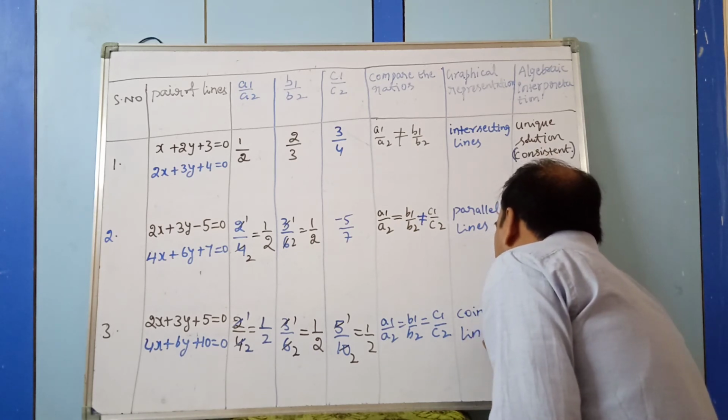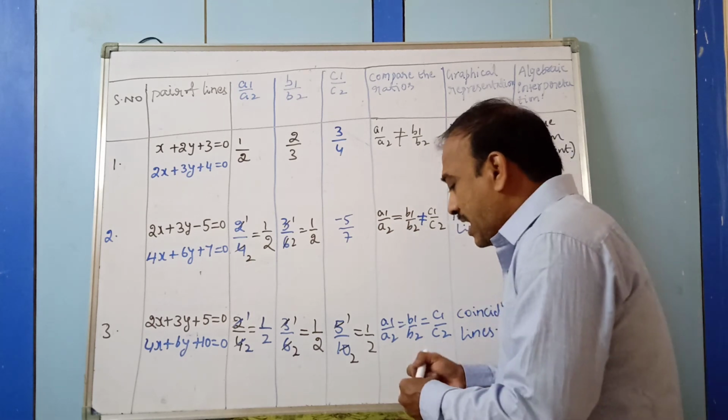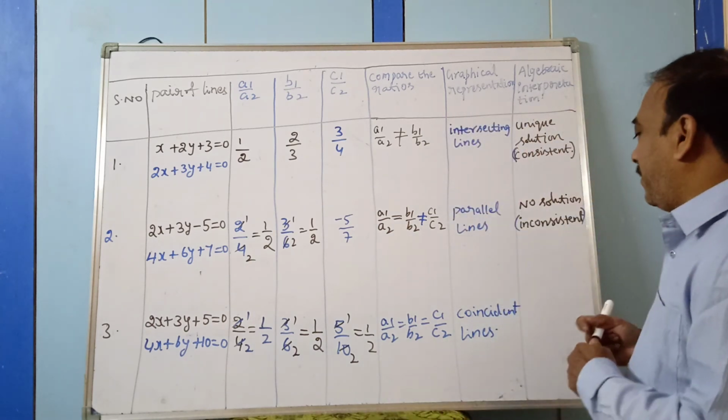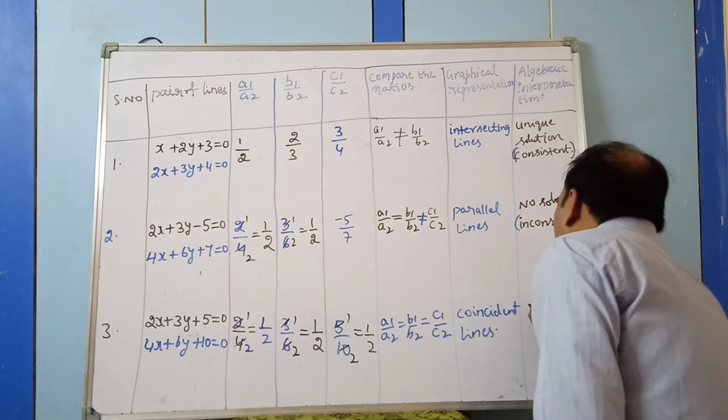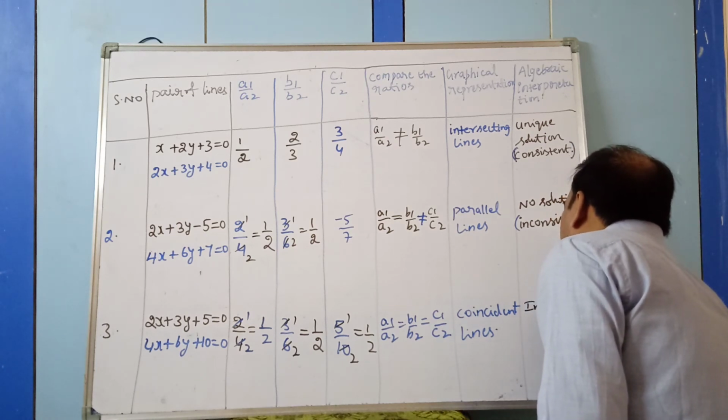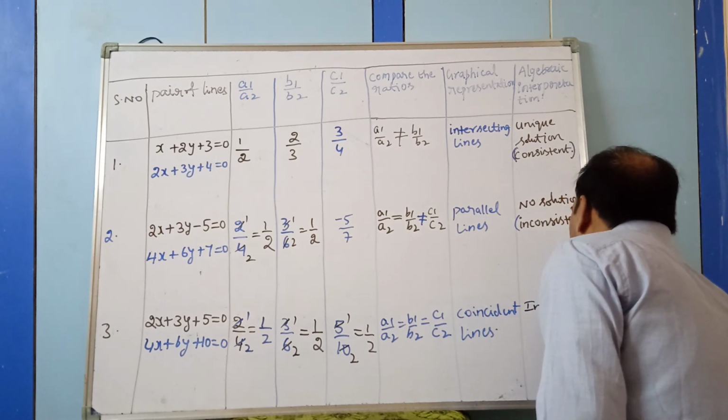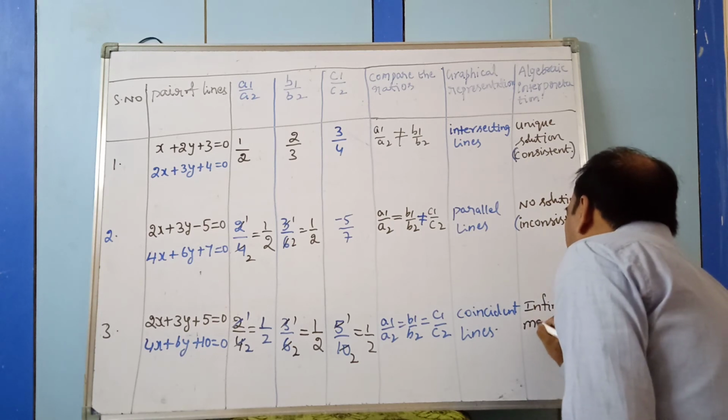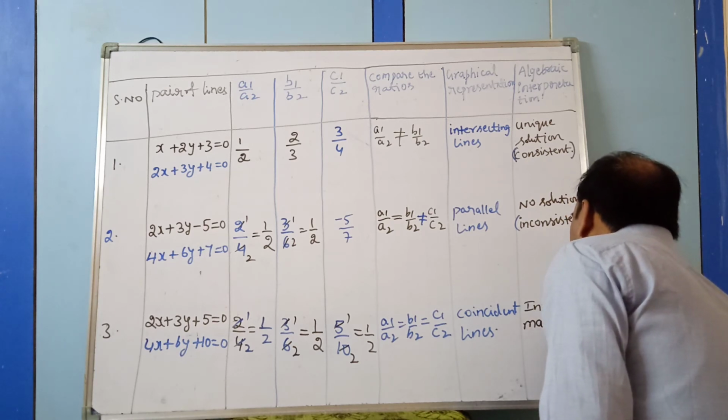Coincident lines. Now the algebraic interpretation is that they have infinitely many solutions.